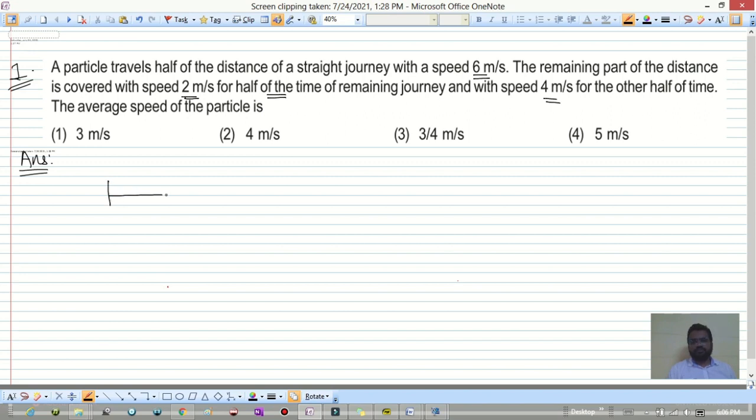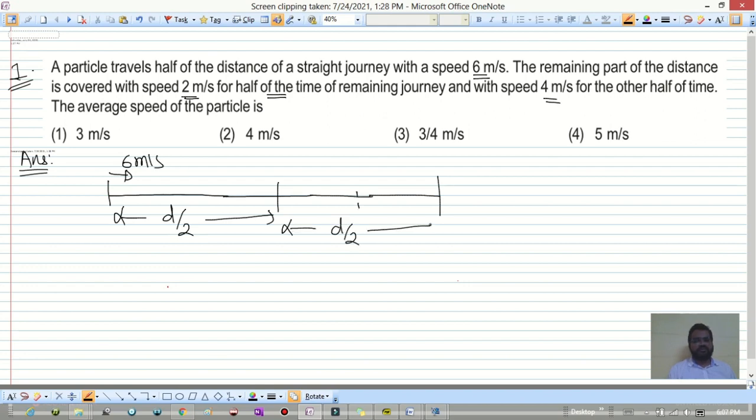So the total distance d is covered in three parts. In the first half of the journey, that is d by 2, it travels with the speed of 6 meter per second, and the next distance d by 2, it travels in two intervals, that is t by 2 and t by 2, with a speed of 2 meter per second for one and 4 meter per second for the other.